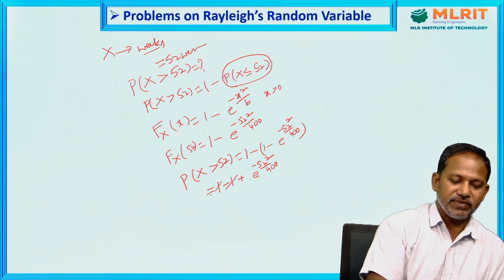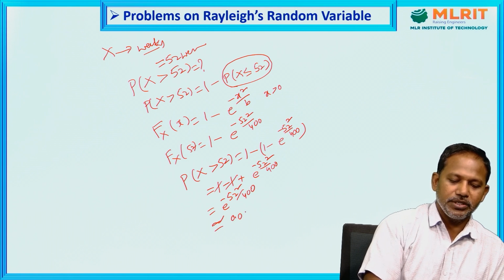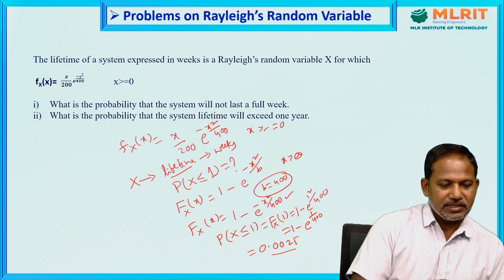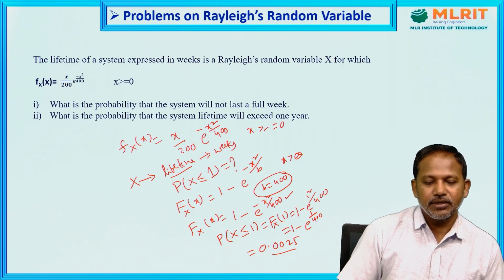The 1 minus 1 gets cancelled, leaving e power minus 52 whole square by 400. So this is approximately equal to 0.00116. This means the probability that the system lifetime will exceed 1 year is 0.00116. Thank you.